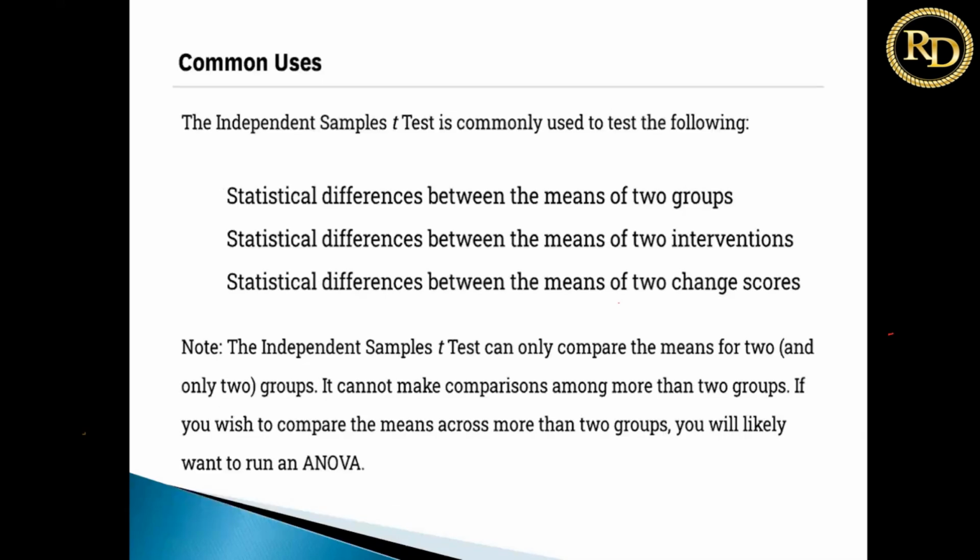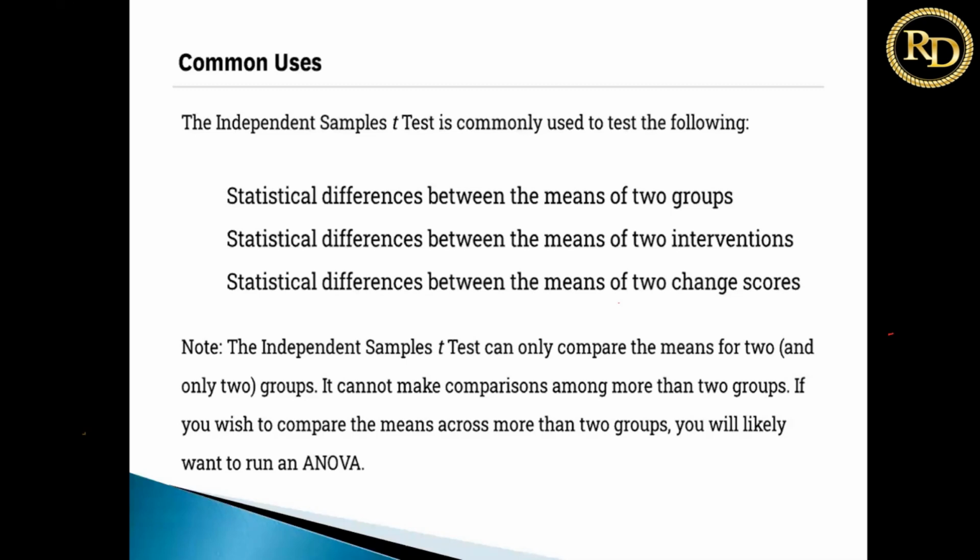So what are the common uses of the independent sample t-test? The first is the statistical difference between the means of 2 groups, if we are interested in testing the equality of means of 2 groups. The second is the statistical difference between the means of 2 interventions.